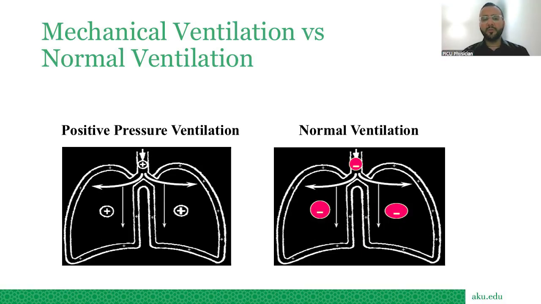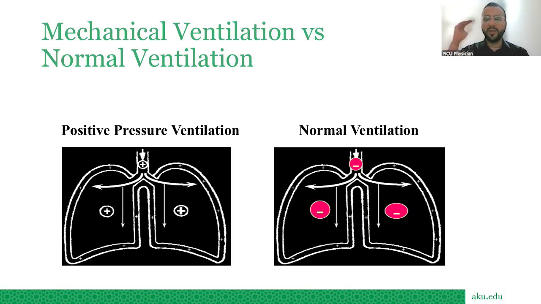Nowadays, almost all the ventilator modes operate on the basis of positive pressure ventilation, in which diaphragm descent is not the first step. A ventilator pushes air into our lungs directly. So the ventilator is at a higher pressure, and our intrathoracic pressure is zero. Let's suppose the ventilator pressure is maybe 12 or 14 or 15.